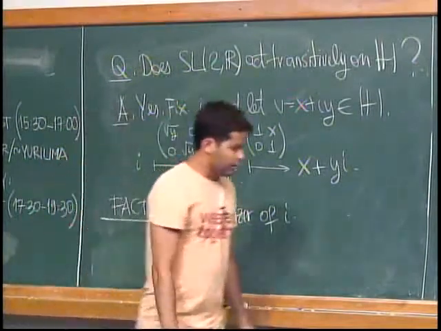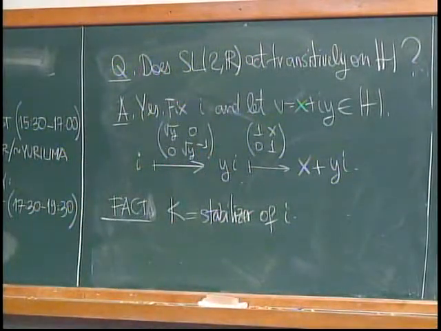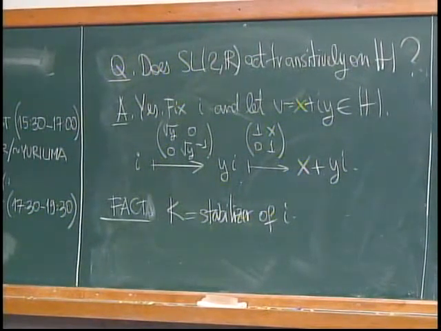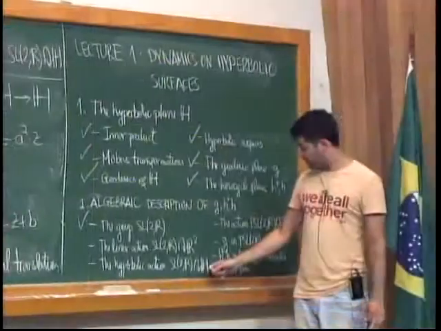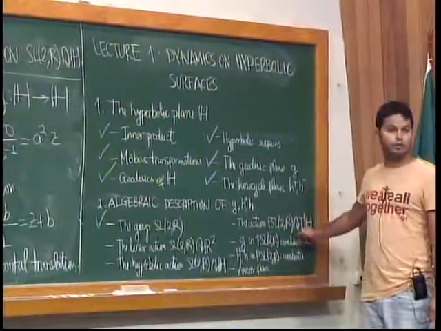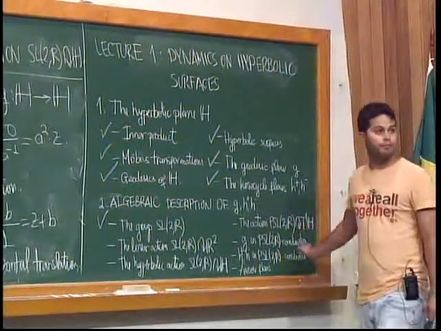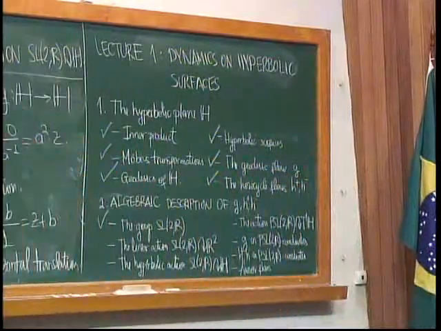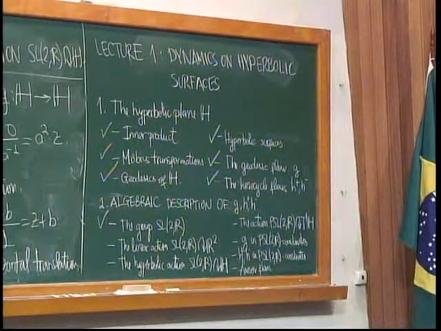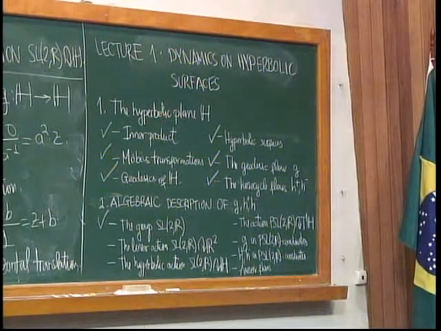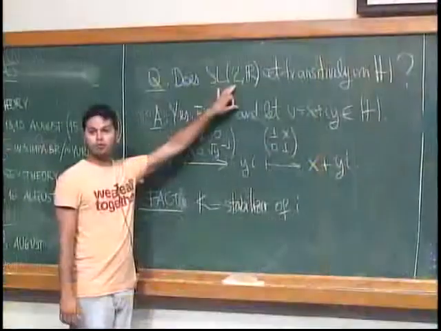But not everything is lost, because we are not actually interested in H, right? We are considering geodesic flows. So the space we are interested in is the unit tangent bundle of H. The unit tangent bundle of H has dimension 3. Why? Because H has dimension 2, and this space has dimension 3.